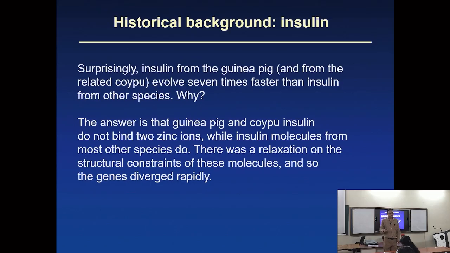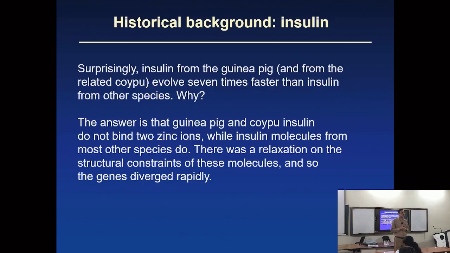You would wonder that it is likely that these insulins have fewer functional constraints. Any thoughts on why? Okay, so you have not taken a look at the slides before coming here. Yes, due to less selection, less functional constraints.